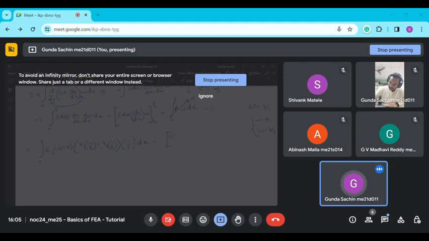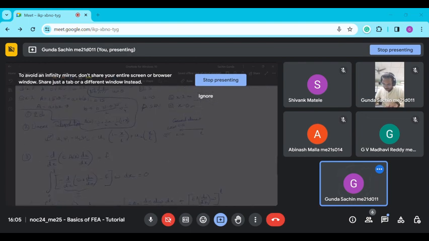And then we still have this term, du by dx and psi 1, from 0 to L, equals 0.